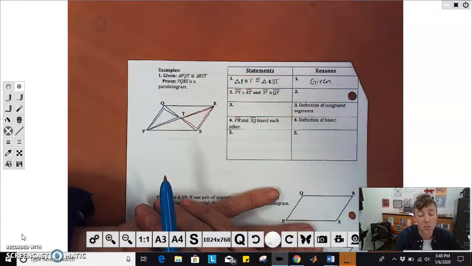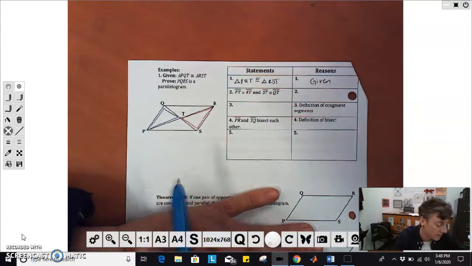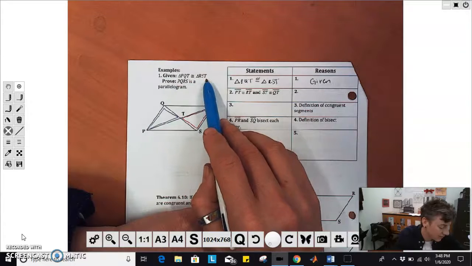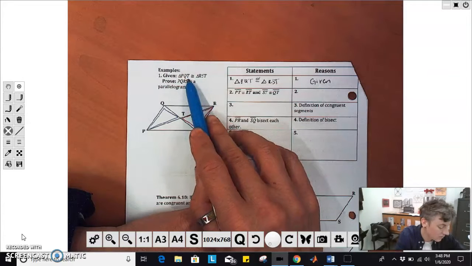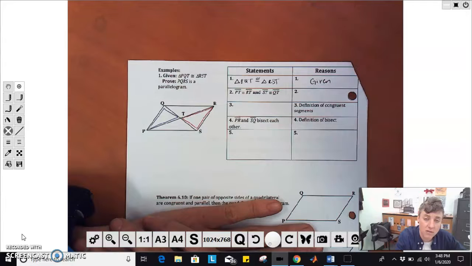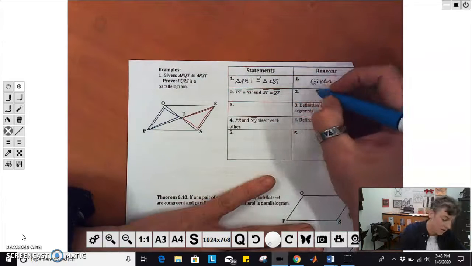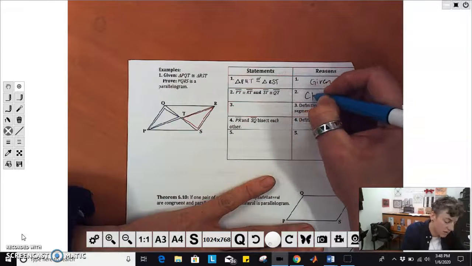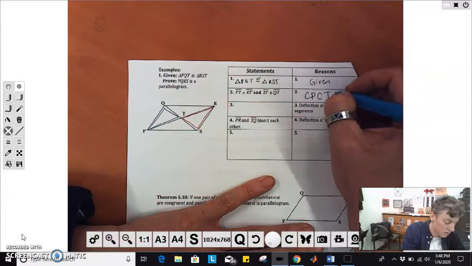And what do we know about the corresponding sides of congruent triangles? They're congruent. And the same thing is true for ST and QT. ST and QT are corresponding sides of congruent triangles. So they're congruent. So that's our old corresponding parts of congruent triangles are congruent.